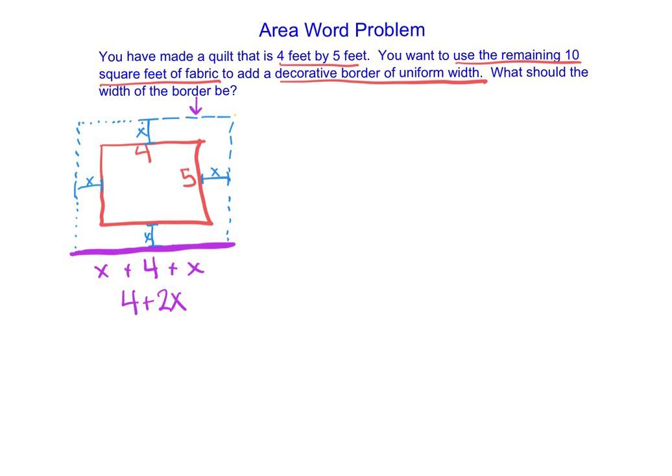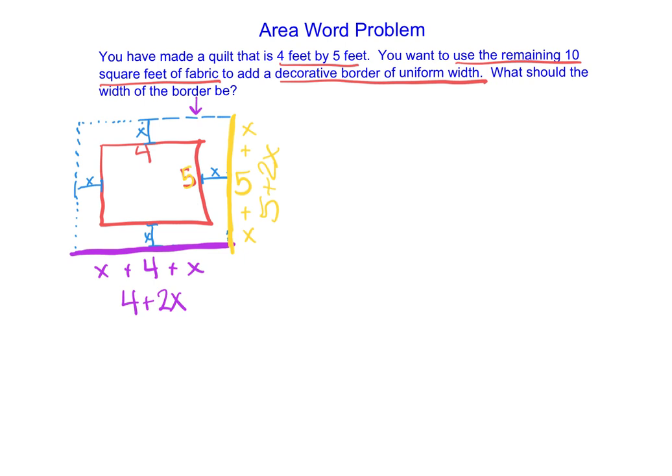Then this side over here is the 5 feet from right here, so I have 5 plus an x on the top and an x on the bottom. And so this is really 5 plus 2x. So I have this really big rectangle with both the border and the quilt included.